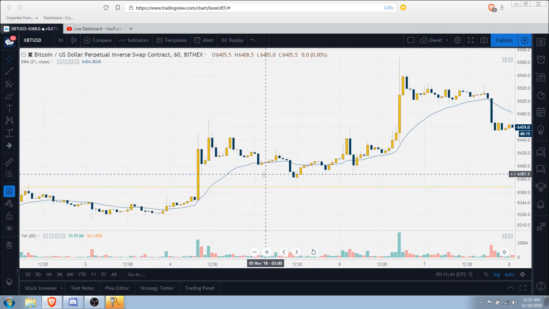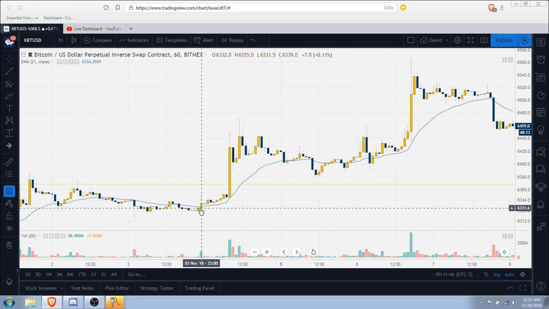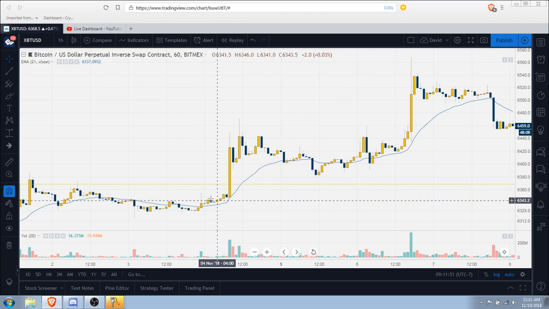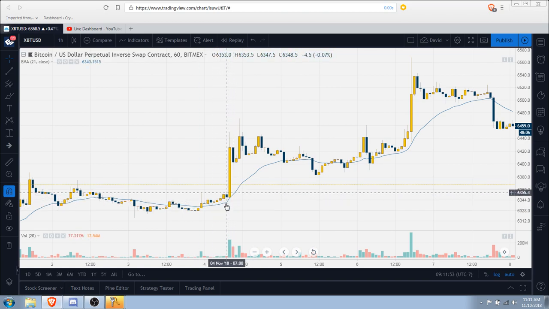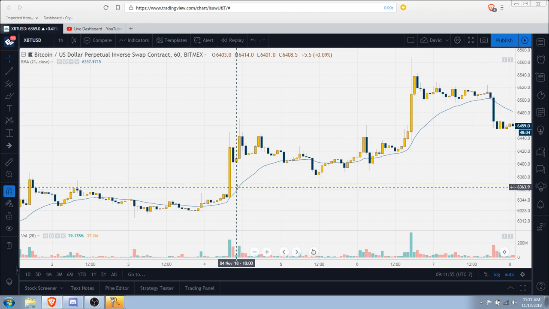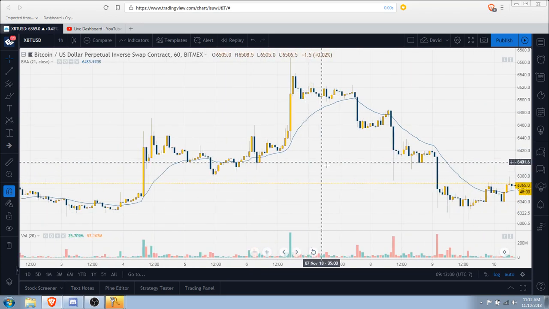So if you see price above the 21 period moving average, you'd feel a lot more comfortable taking it long, because there's not a whole lot of room for it to go in the opposite direction. So you don't see these massive swings.